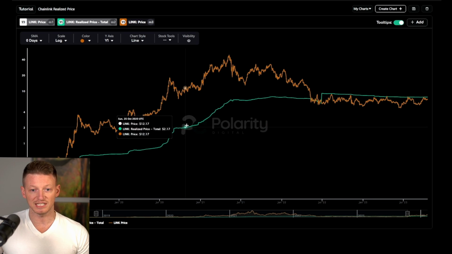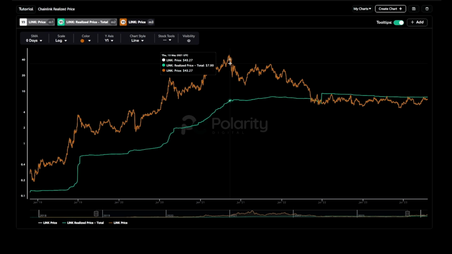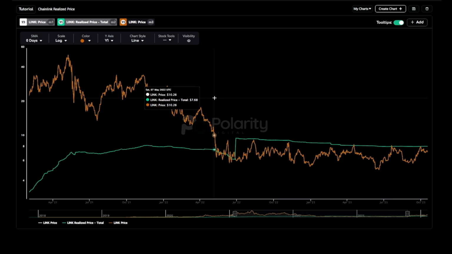And you can see that Chainlink was way above its realized price. I mean, we're talking a realized price of $7 and the Link price was $43. So there was just a huge spread between the average invested dollar and the market price of Chainlink. But that all came to pass back here in the middle of 2022.